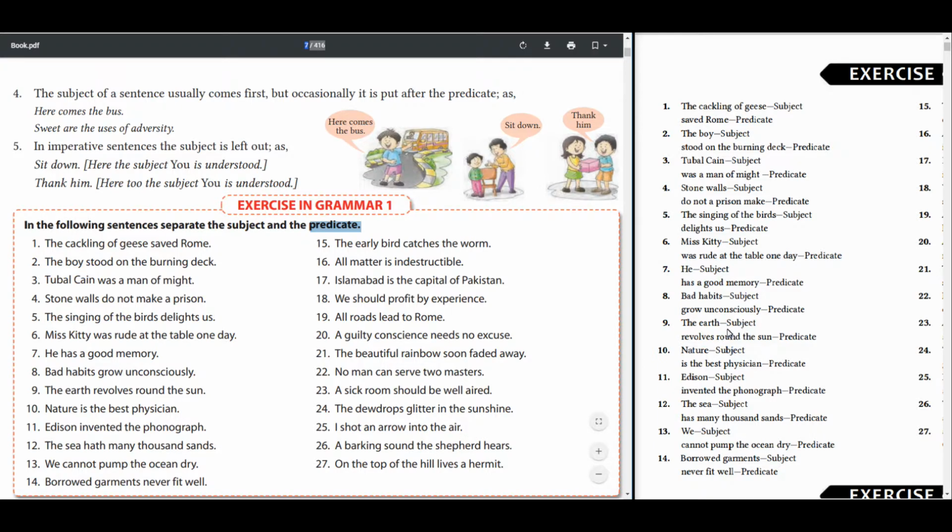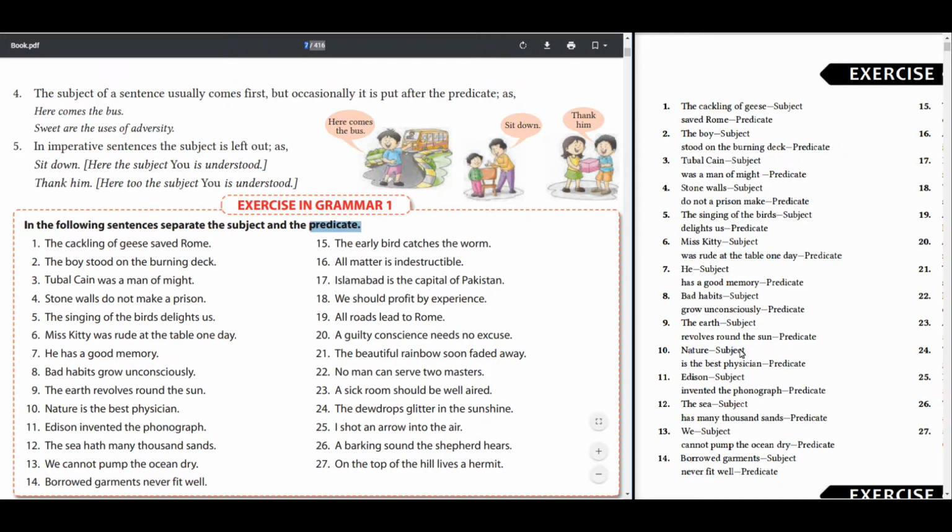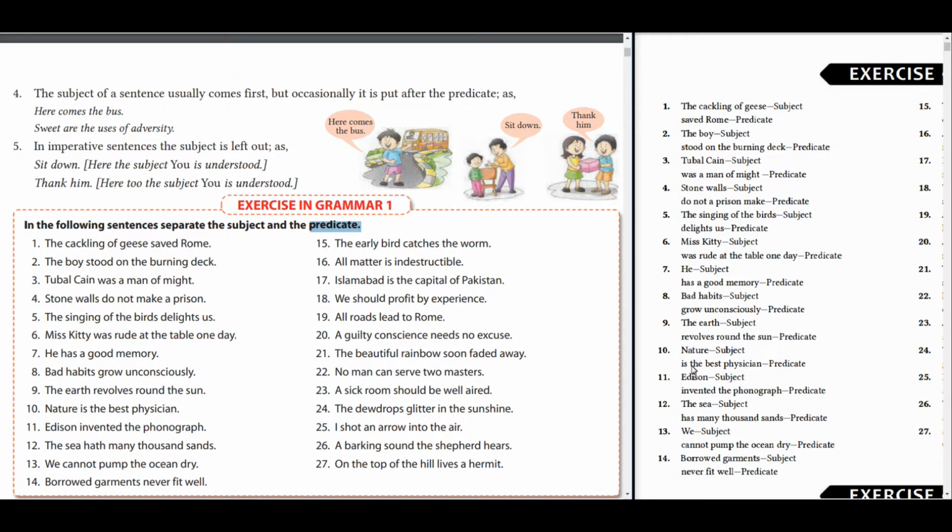The earth, subject; revolves around the sun. Number 10: nature is the best physician. Nature is a subject. Is the best physician is the predicate.